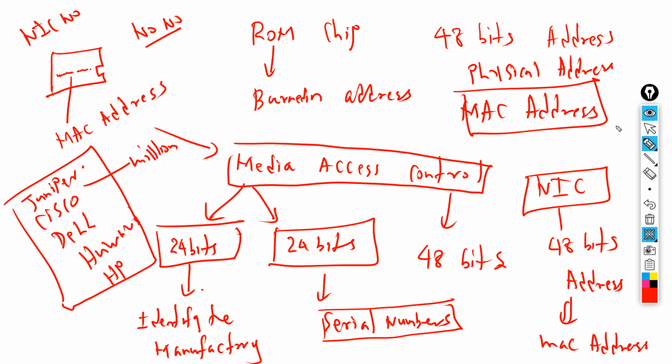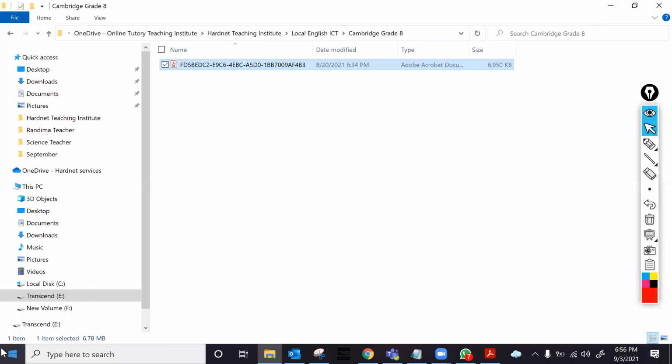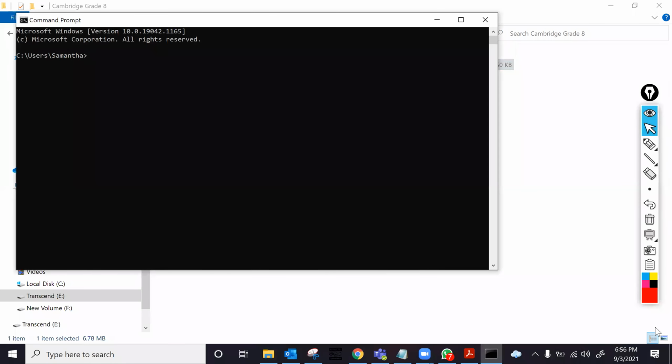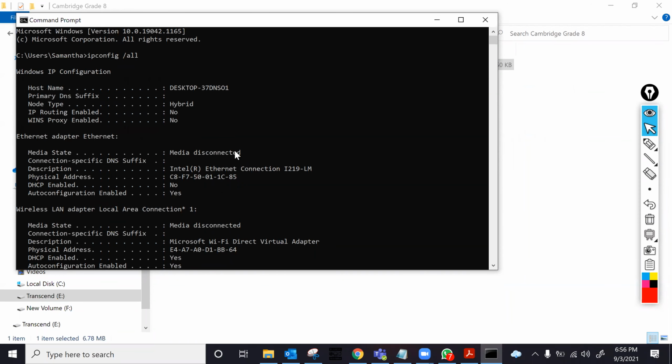Now we can go and check our MAC address. Go to your Windows, type CMD, type ipconfig space /all. Just type this. First, command prompt.